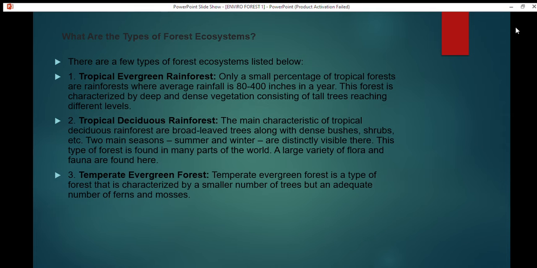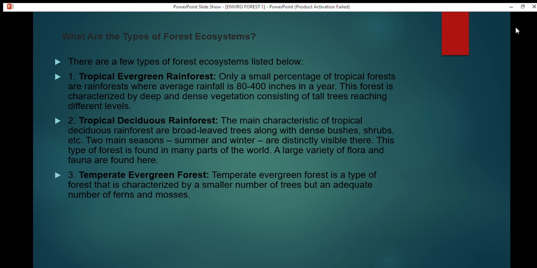So in the tropical evergreen rainforest, only a small percentage of the tropical forest is rainforest, where average rainfall is between 80 to 400 inches in a year. This forest is characterized by deep and dense vegetation consisting of tall trees reaching different levels.